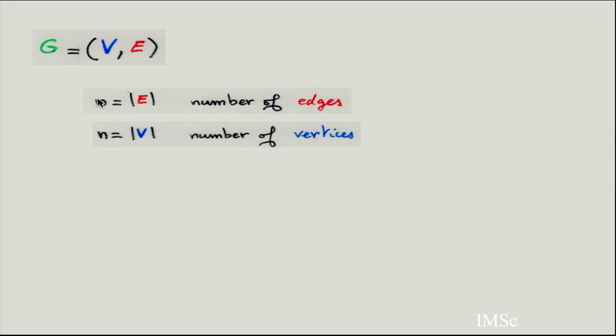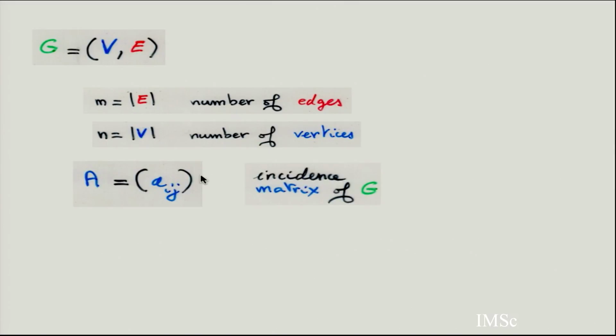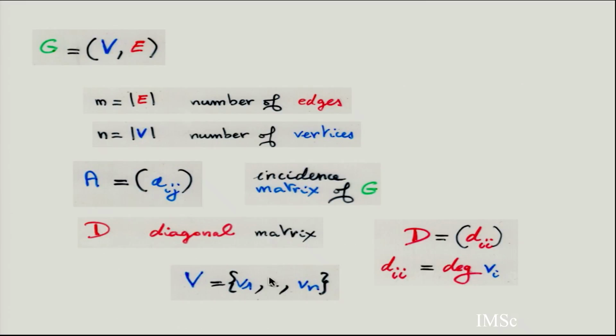So G, the graph, has M the number of edges, N the number of vertices, A the adjacency matrix, and D will be the diagonal matrix. The term d_ii is the degree of v_i. So each vertex has a certain degree.